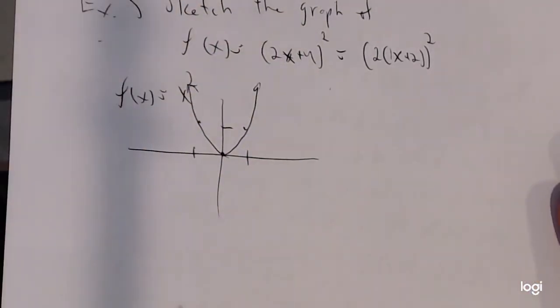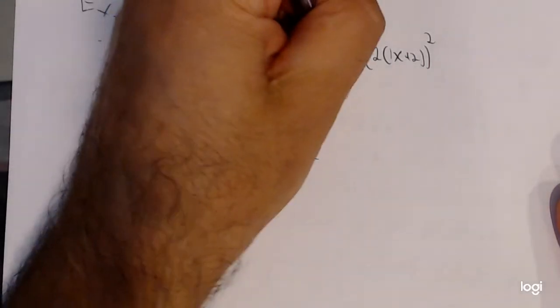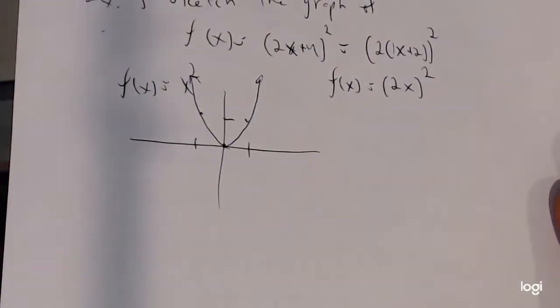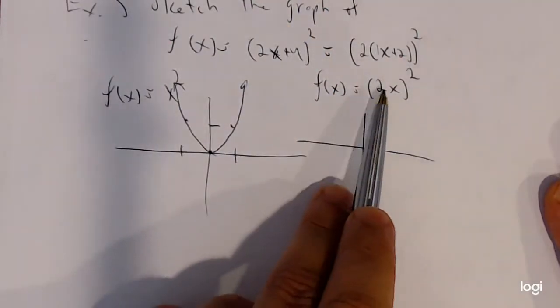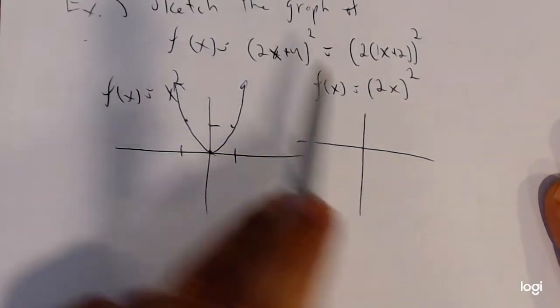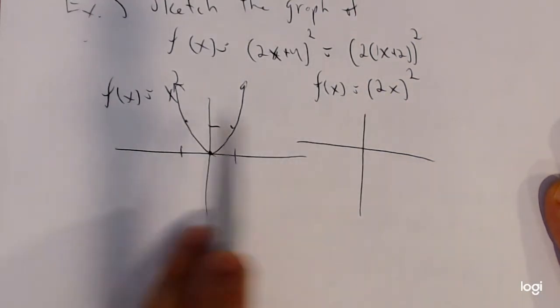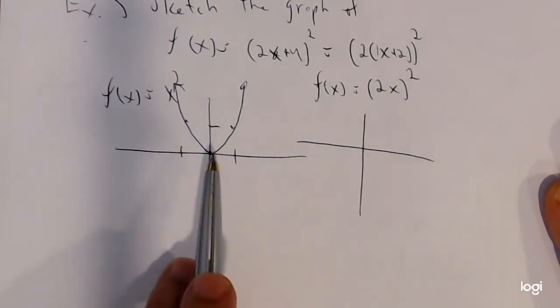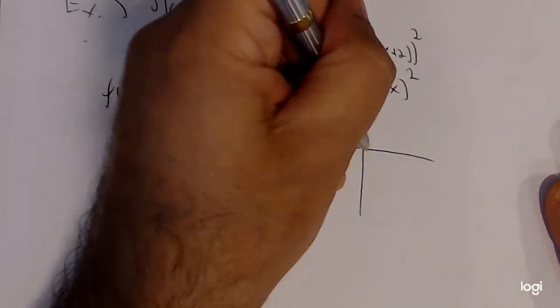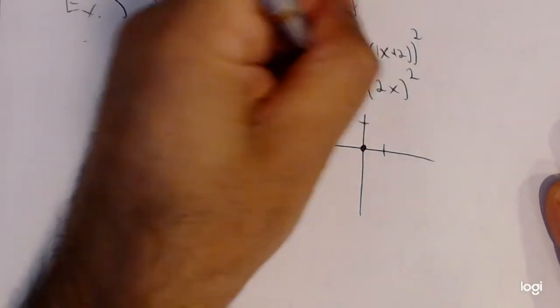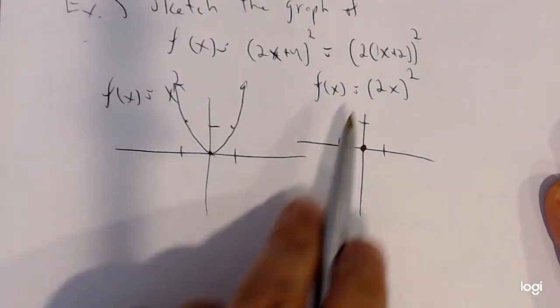Then I'm going to take care of my horizontal compression. Remember, what is this 2 saying? You think in terms of its reciprocal. So this is saying grab all the x values of the points and multiply them by 1/2. Over here, this has an x value of 0. 0 times 1/2 is still 0. Now what you're going to notice is the y values don't change, but the x values change because of this.